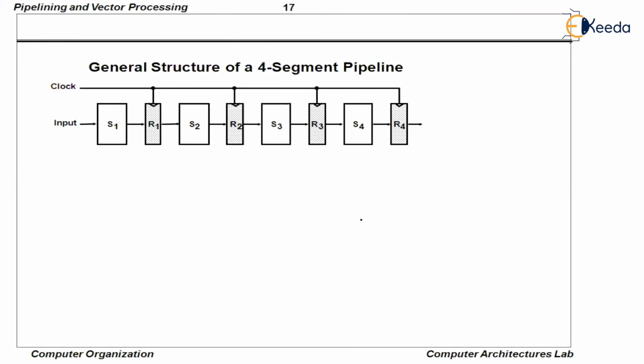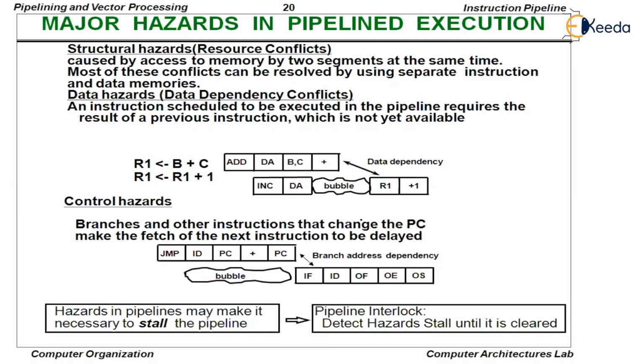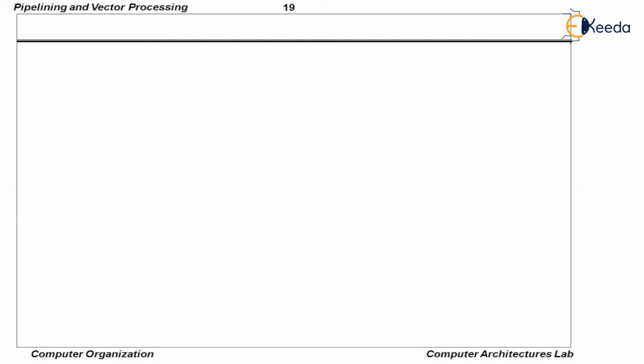Data hazards. Let us see the various flavors in the data hazards. We're discussing data hazards, meaning consecutive instructions are dependent on each other. But in data hazards, there are several flavors. Data hazards are of several types. The first hazard is called RAW, which is called read after write.